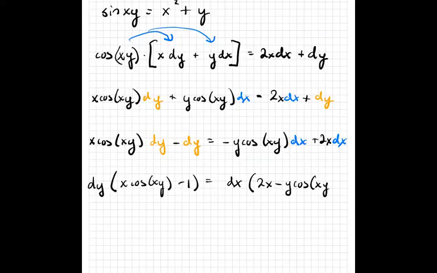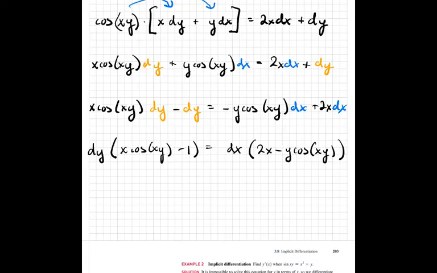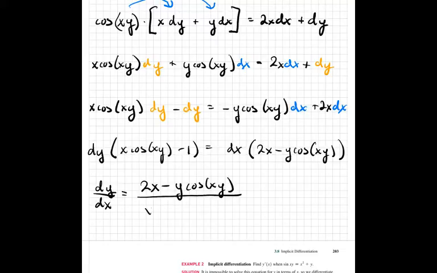Okay, I feel like this is okay. Now we can divide both sides by dx, and divide both sides by that term next to the dy, and we should have our desired result. So dy by dx is going to be equal to 2x minus y cosine of xy, divided by x cosine of xy minus 1.